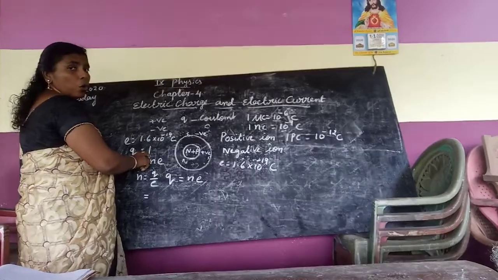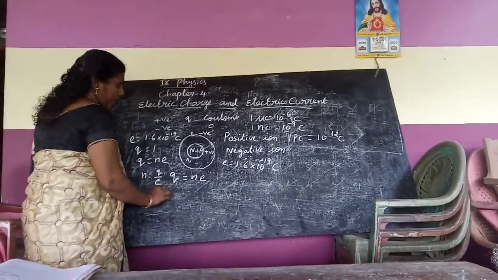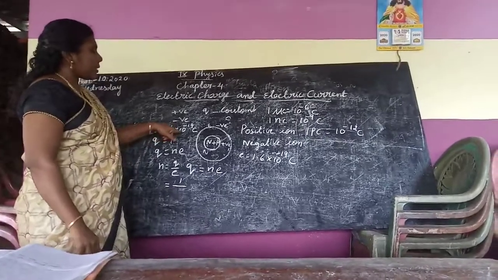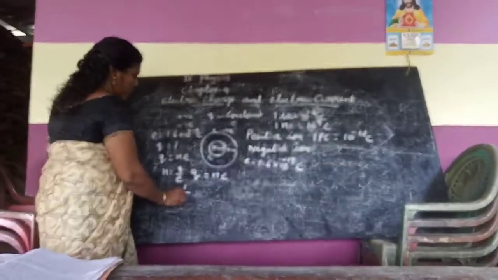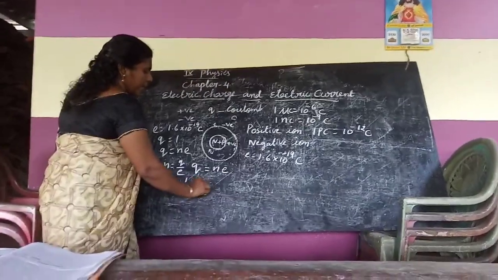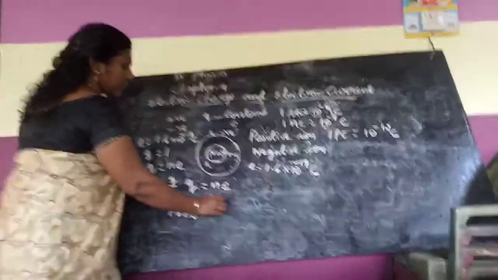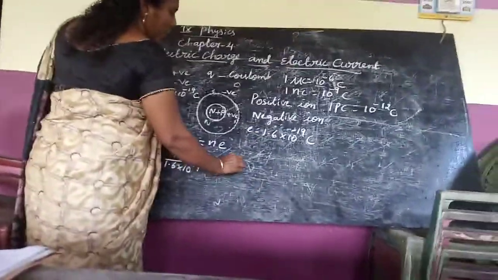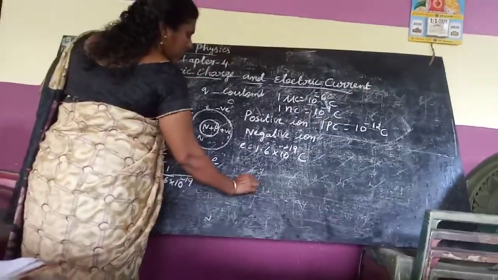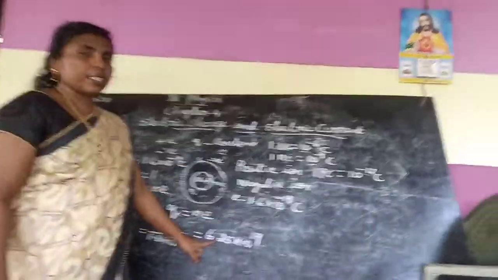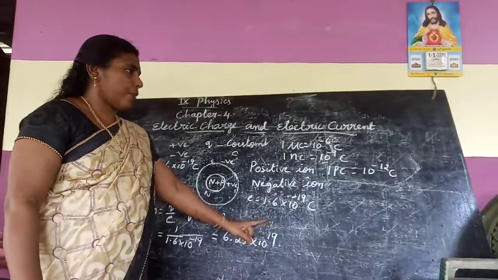The value of Q is 1, divided by the value of E, 1.6 into 10 power minus 19. Dividing 1 by 1.6, you get 6.25 into 10 power 19. Okay, you will get the answer 6.25 into 10 power 19.